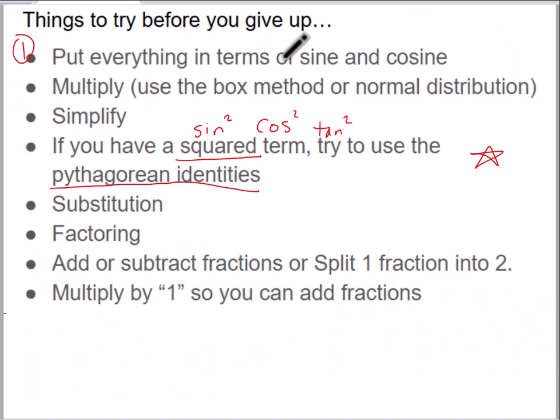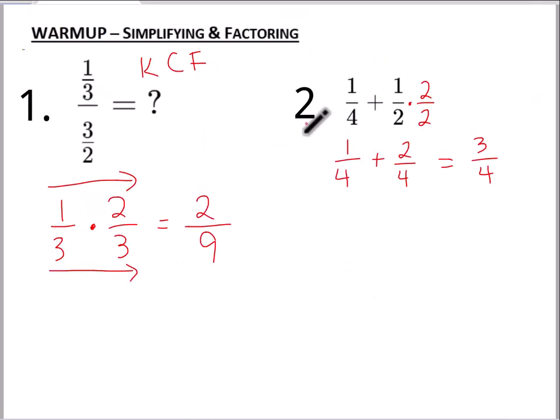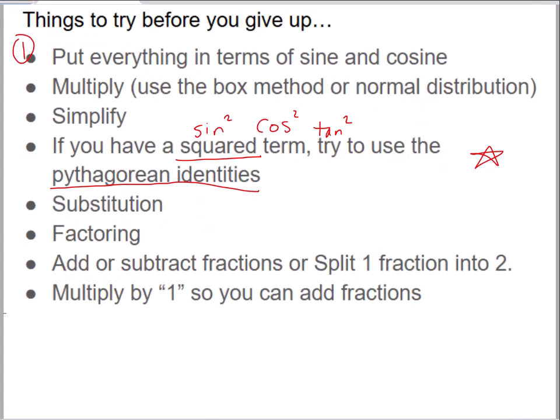Substitution is like putting everything in terms of sine and cosine. Substitution is just the big grown-up word for that. You could factor, and we'll see a problem like that today. You can also add or subtract fractions, or split one fraction into 2 fractions. Looking at what we did here, you could add 2 fractions together; your fractions are just going to be sines and cosines instead of numbers.